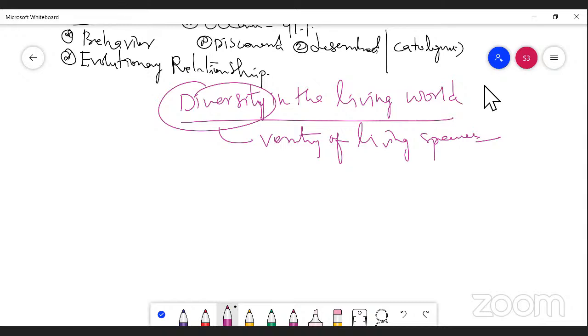The earth has numerous habitats with a wide range of living organisms inhabiting them. Plants and animals are present almost everywhere on the earth's surface. Many plants and animals adapt to different climates.